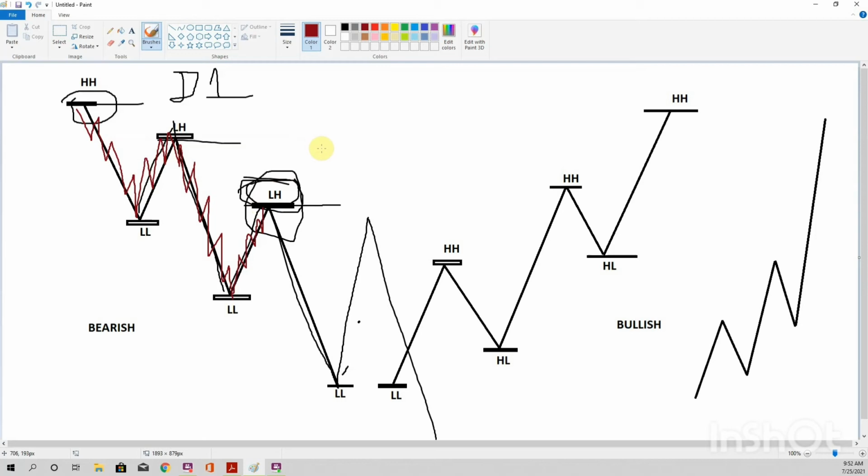So let me reiterate the concept of true support or true resistance or supply and demand. If price is going to move in a bearish sense or in a bullish sense, there are going to be areas where institutions are not going to move below or above those levels, because if they do that, their positions are going to be at a negative.